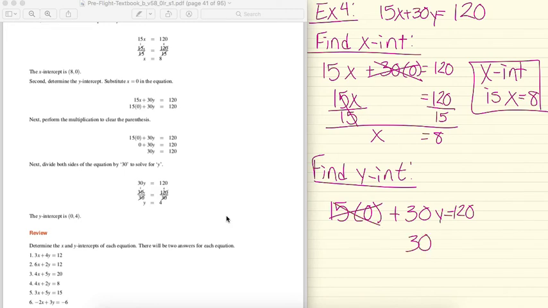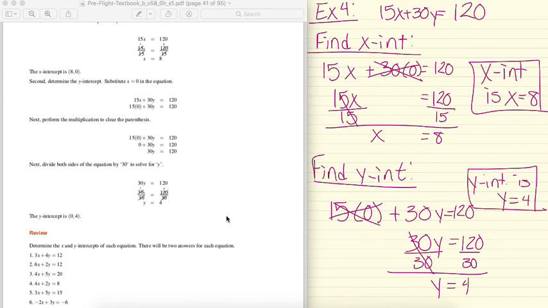So that simplifies down to 30y equals 120. Solving for y, I'm going to divide by 30 because that's the opposite of multiplication. And I get y is equal to 4. So I know that my y-intercept is when y is equal to 4.